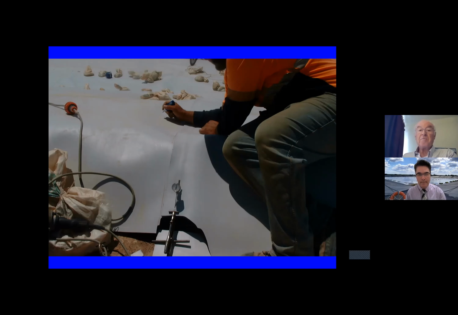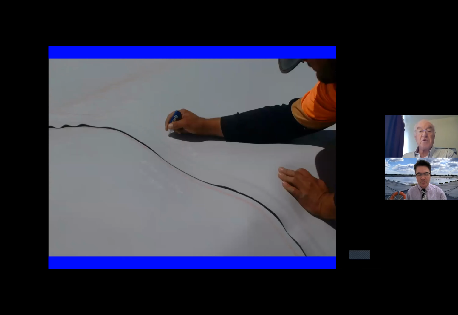And the welder is recording the results as we normally do with a white pen. Unfortunately, this was a white colored geomembrane for the floating cover, but you can still make out the results here. So all the normal things that you do, but here it was being done to a very high level.